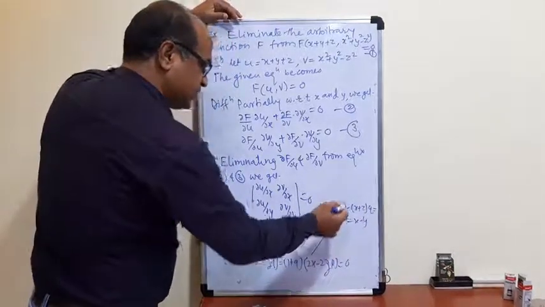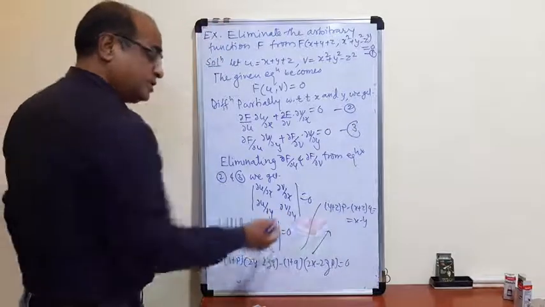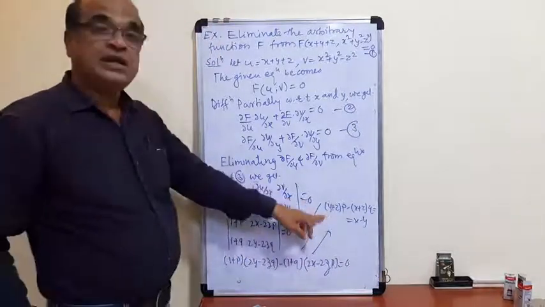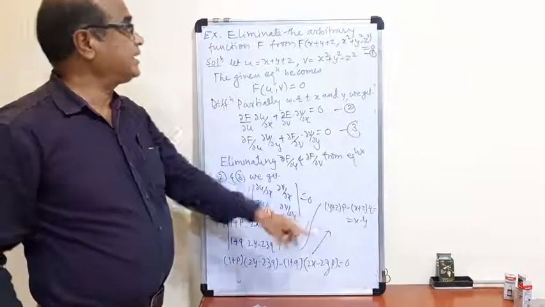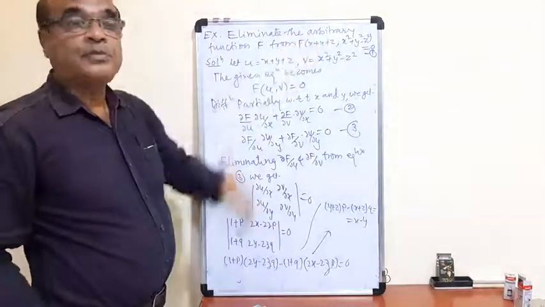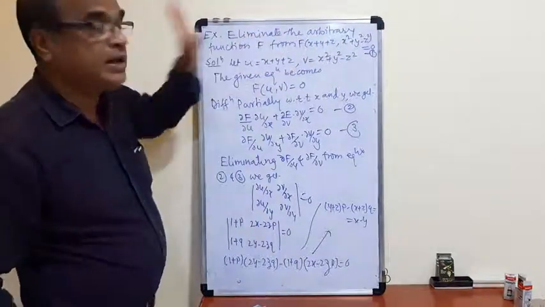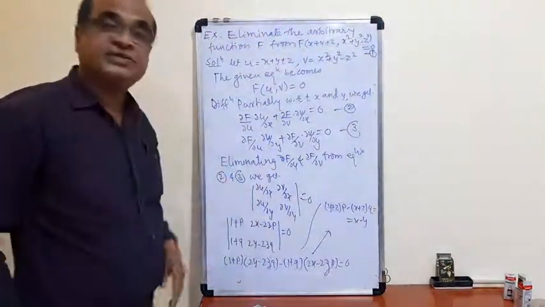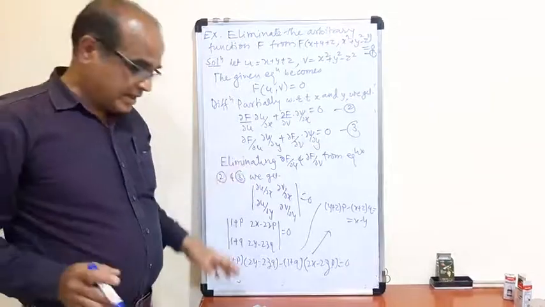After simplification we get this. So this is the partial differential equation of this function. After eliminating this arbitrary function, we get the partial differential equation. So this is the example here.